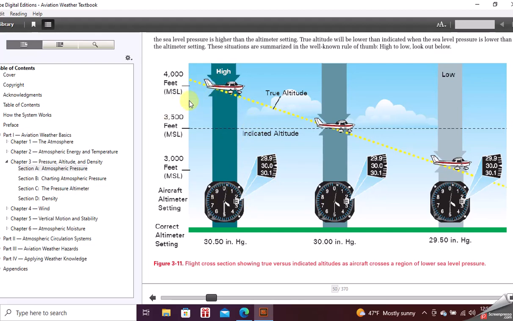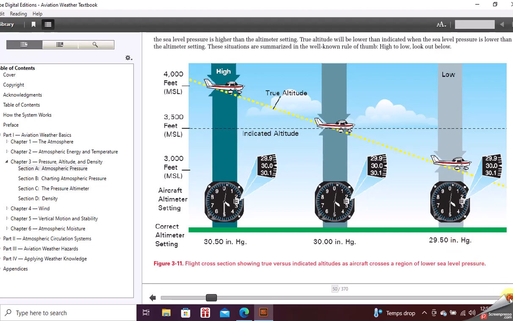Maybe you're flying through high pressure, which in this case would be 30.5 inches of mercury. So you wind up actually being higher than where you think you are. And flying into low pressure, you would actually be lower than where you think you are. And that's just based on pressure.